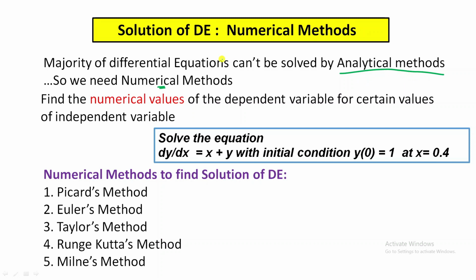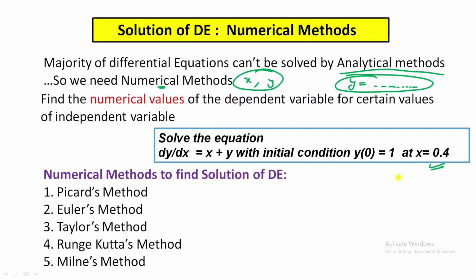As we saw, we got the answer in the form of y equal to x square plus something, a function basically, as the solution. But in numerical methods, we finally get some concrete values of x and y. For example, you will be given a differential equation and some initial conditions, y(0) equal to 1, and then we have to solve the equation at x equal to 0.4, something like that.